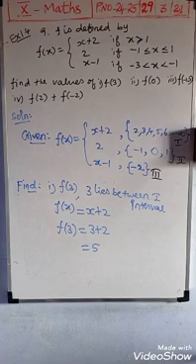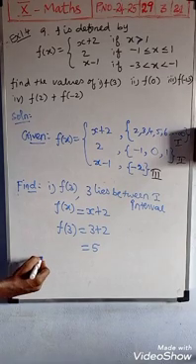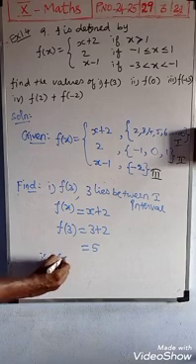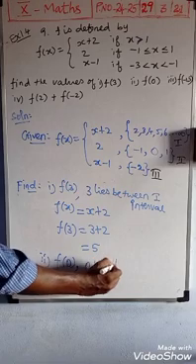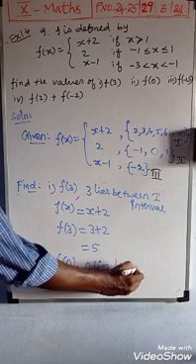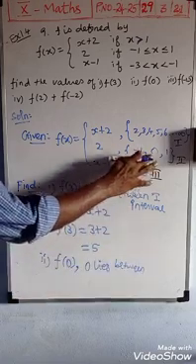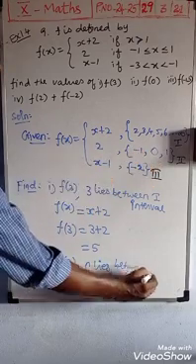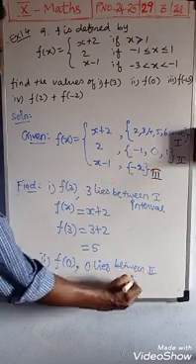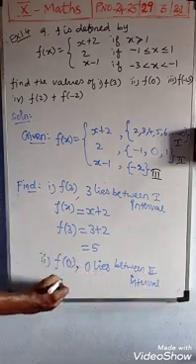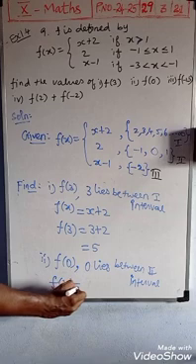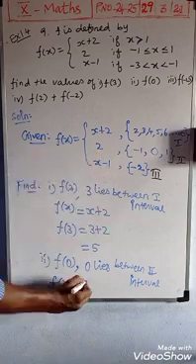Now the second point, f of 0. Which interval does 0 lie in? 0 lies in the second interval. Second interval means f of x we want to choose is 2.